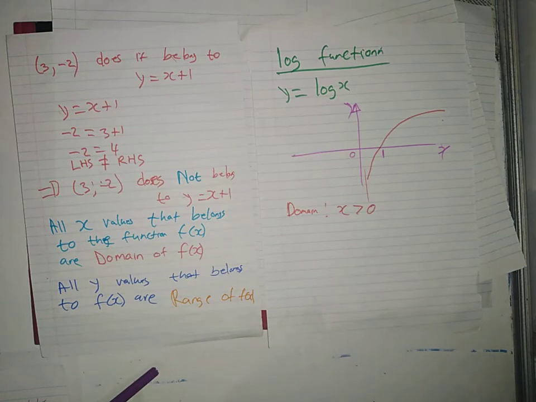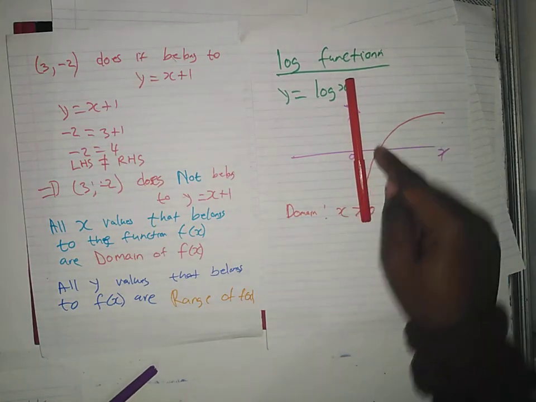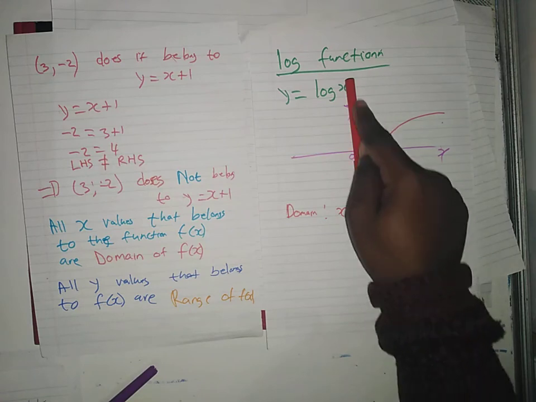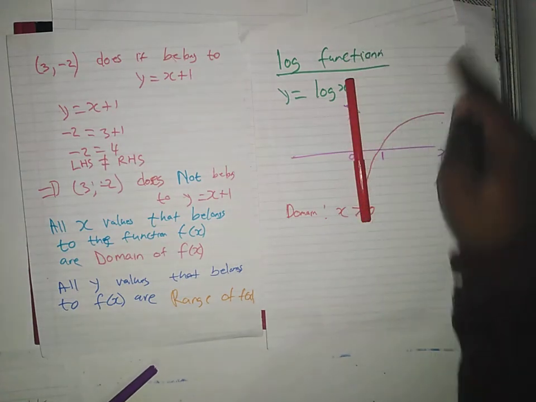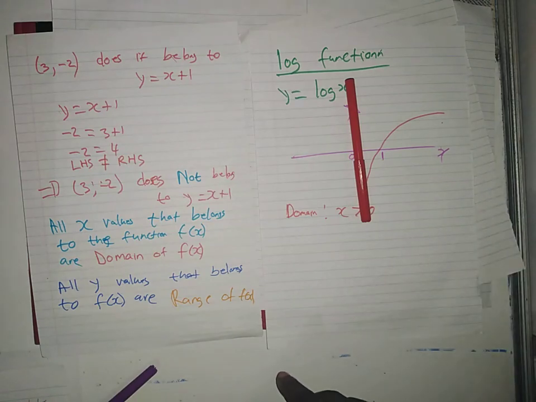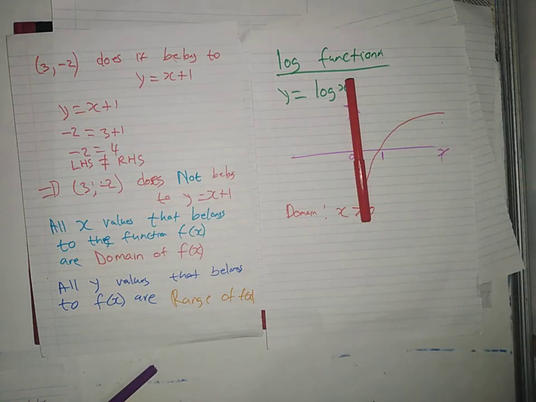Okay, but what about the y? The y-axis, you just put along y. Y is equal to 0, it does touch. Okay, y is equal to 1, it does touch. 2, it does touch. 100, it does touch, because remember this graph continues forever. Okay, it doesn't stop. It continues slowly, and then it goes slowly up, but it never stops.